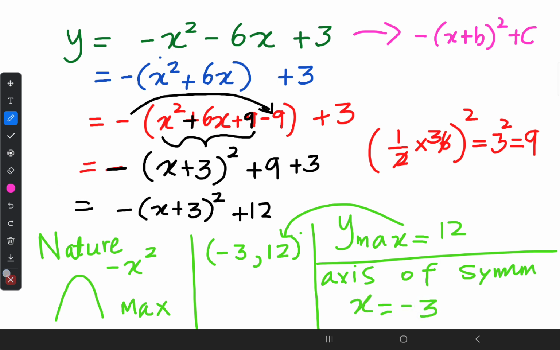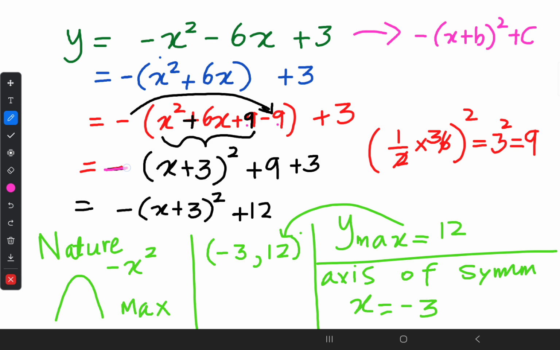The only additional thing we did in this question: by observing this, it has a negative number, and we cannot factorize the negative x square. For that reason, I brought the negative out as a common factor from the x terms. We can keep the constant as it is. Thereafter, just the addition process: half of the x coefficient is added and subtracted, and these three terms became like this.